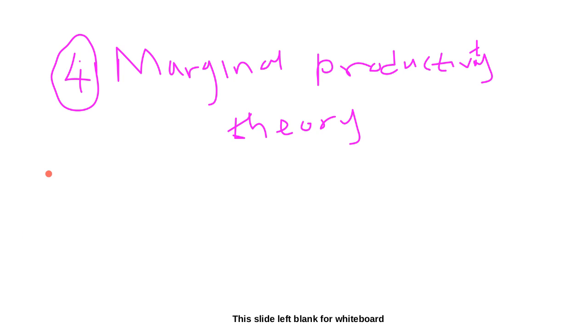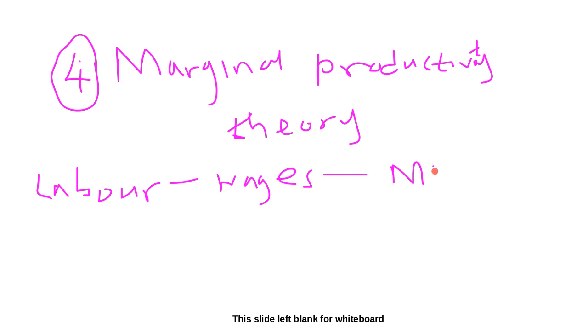So we say in most cases we are talking about labor here. So when we talk about labor, we say it earns wages. I'm not talking about today's salaries, I'm talking about wages. So these wages should be equal to the marginal product of labor.